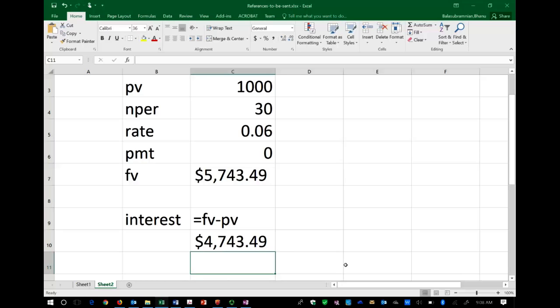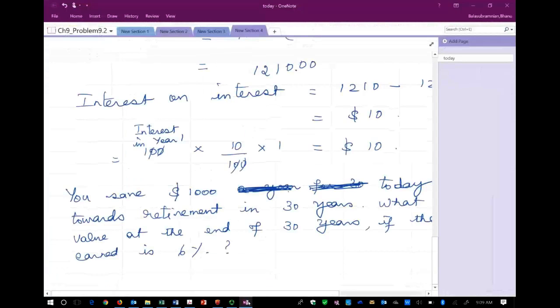Now, we have to figure out what we would have received if we used simple interest. Is everyone seeing that? Okay. So, what is the simple interest? So, we calculated that on the spreadsheet.